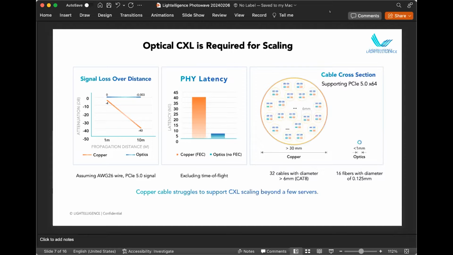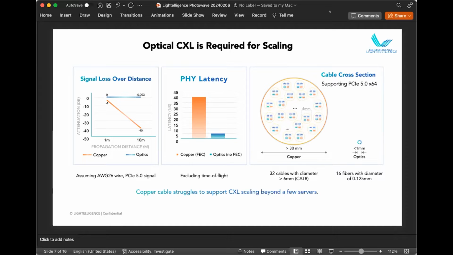So it becomes very difficult, even within the same rack, to start using copper at these high speeds. The latency we've already talked about, but most Ethernet copper solutions use FEC. PCIe does not, but you can see the difference when you're comparing that to optics.